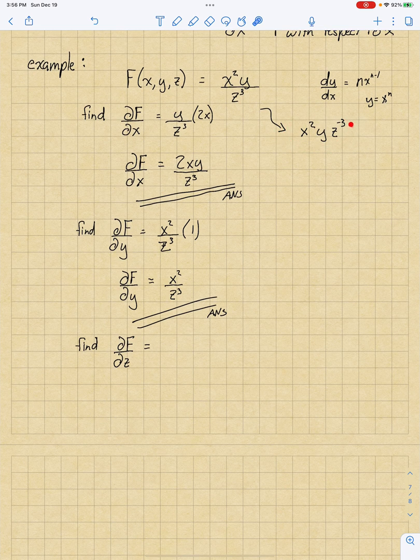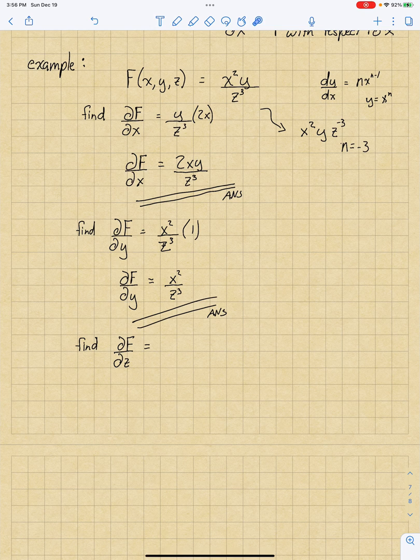And we've done so we could take advantage of this same rule, where for z, n is going to be equal to negative 3. So we can use the same rule. We'll pull the negative 3 down in front, and we'll raise z to negative 3 minus 1, which will give us a negative 4.